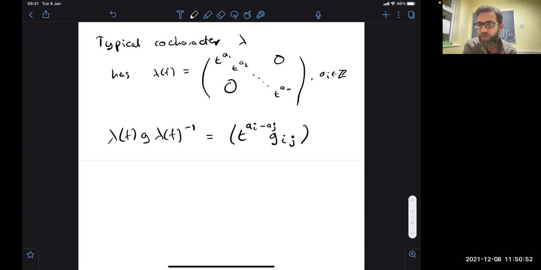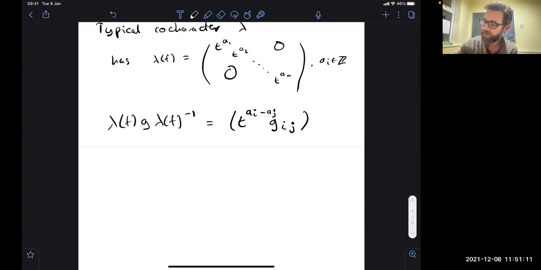And then you see, if I want the limit as t tends to 0 to exist, I had better kill off all these entries when a_i is less than a_j, because then I get a negative power of t, and that's not going to behave nicely as t tends to 0.